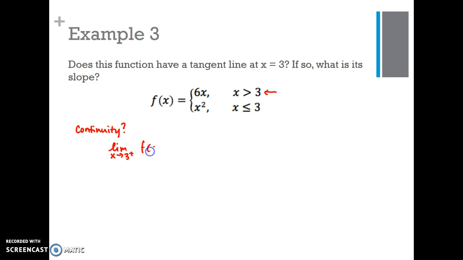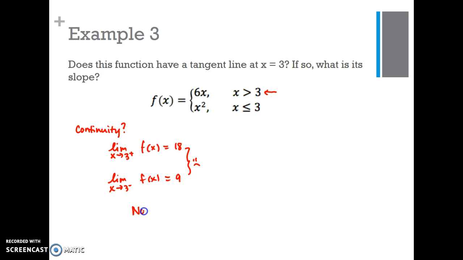So that would be 6 times 3, which is 18. And then you take the limit as x approaches 3 from the negative direction. Then you'd use the other half of the definition, which would give you 9. And since they don't match, it's not continuous.